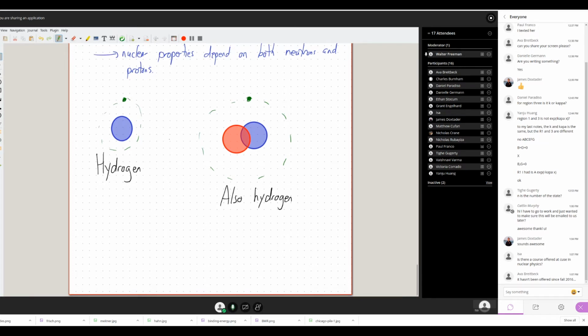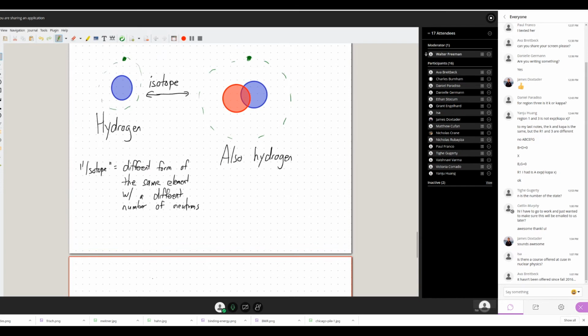So these are called isotopes. An isotope is a different nuclear form of the same element, with a different number of neutrons. Because remember, if we change the number of protons, it becomes a different element entirely.